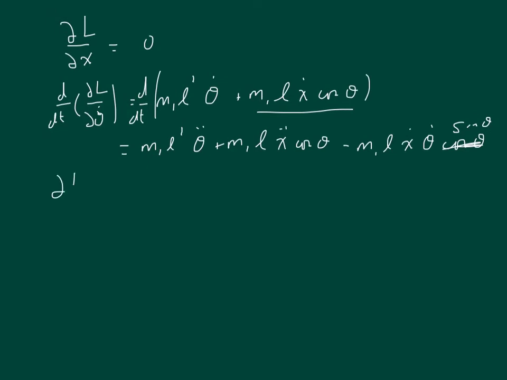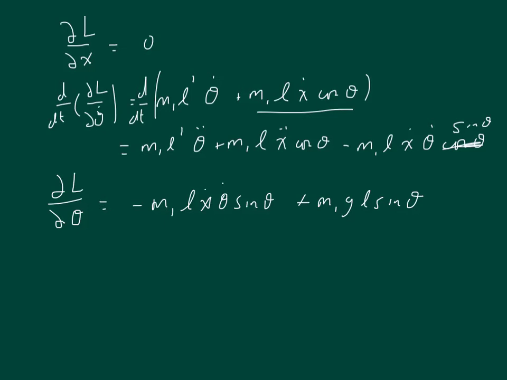And the partial of L with respect to theta is going to be minus m1 L x dot theta dot sine theta and plus m1 g L sine theta.